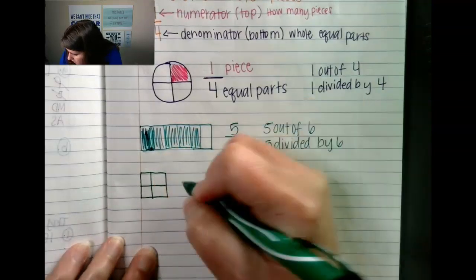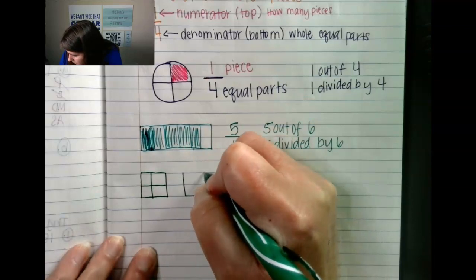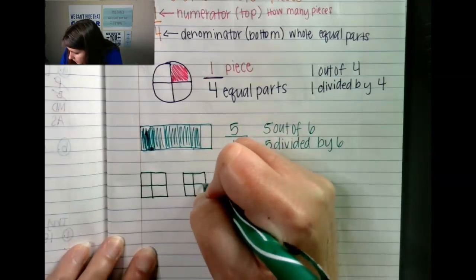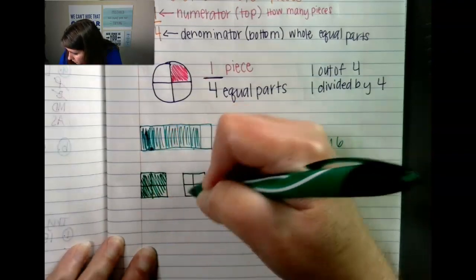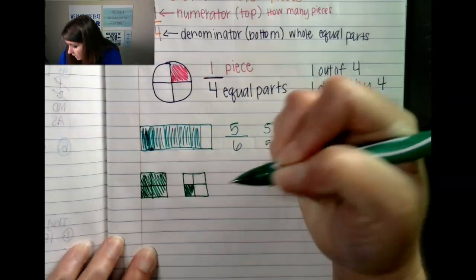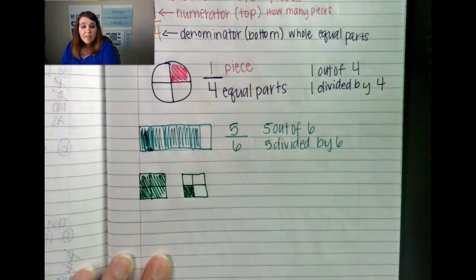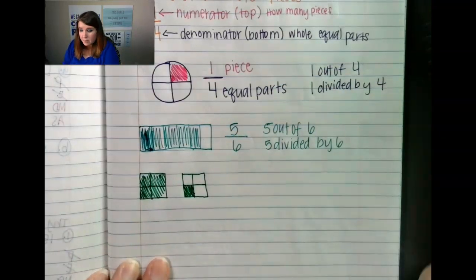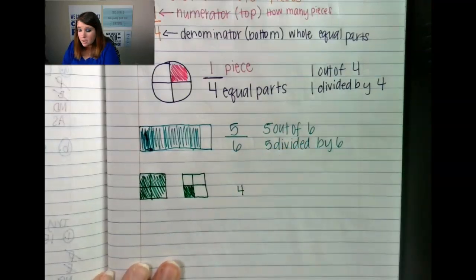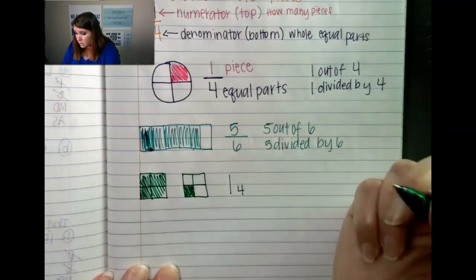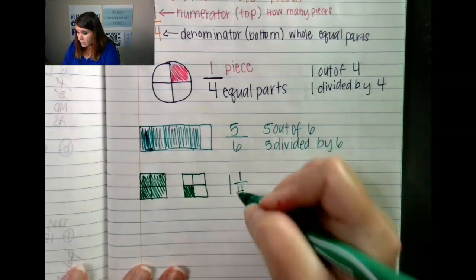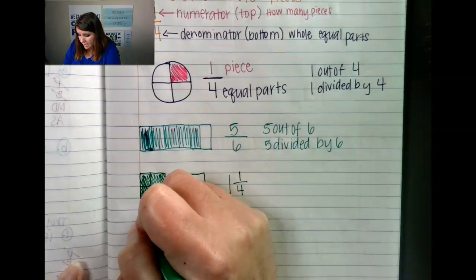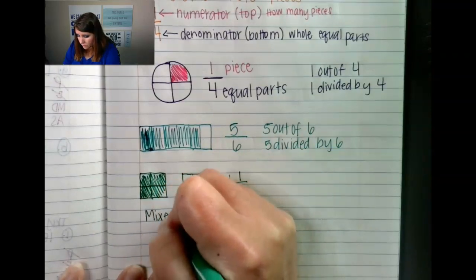Let's say that on this one, the size of my piece is 4ths, because it's cut into 4ths. And I have one whole colored in with 1/4 left over. This right here, this is a mixed number.